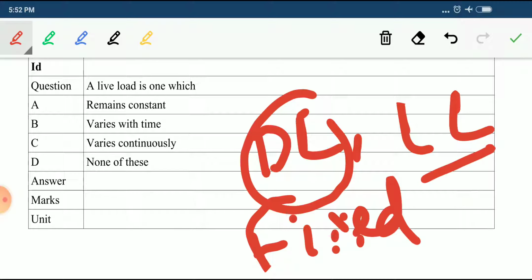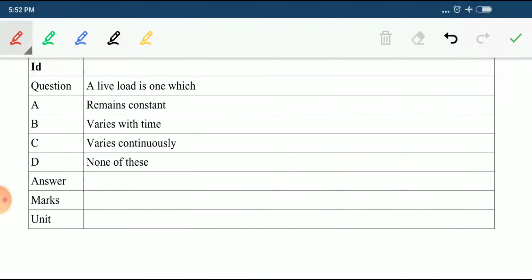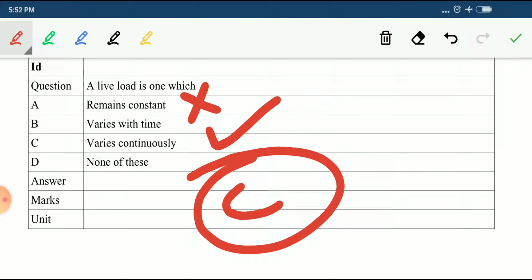Live load is a varying load, it varies continuously. Live load is movable, meaning human load, that is movable. That is called live load. For this question, live load is one which remains constant? No. Varies with time, varies continuously, none of them. Okay, varies continuously. So C is the correct answer for this question.